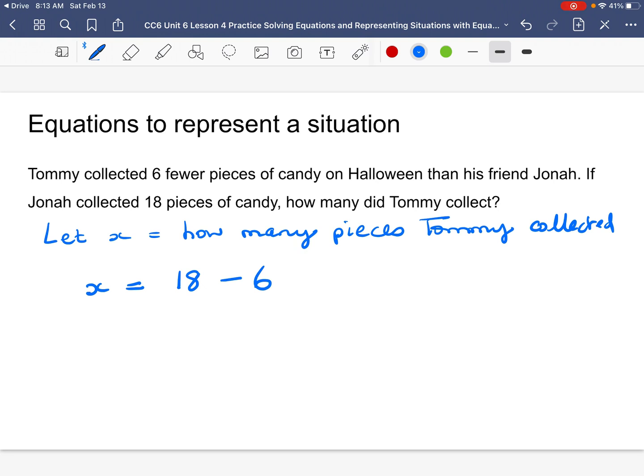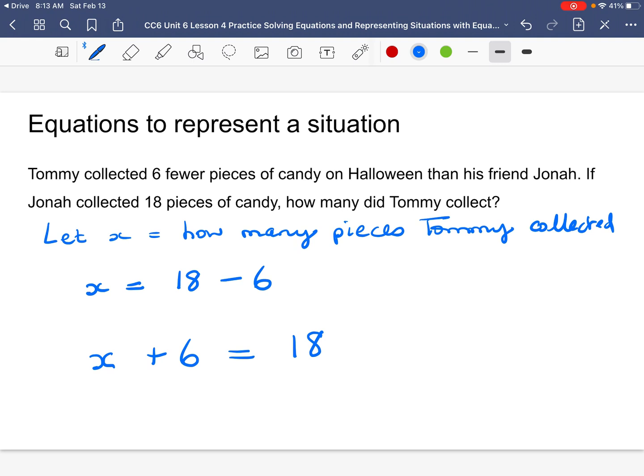Also, I could write the equation like this. Tommy got x, or he collected x pieces of candy. If he had only collected 6 more, he would have the same as Jonah, which is 18. So those are 2 different equations for the same situation.